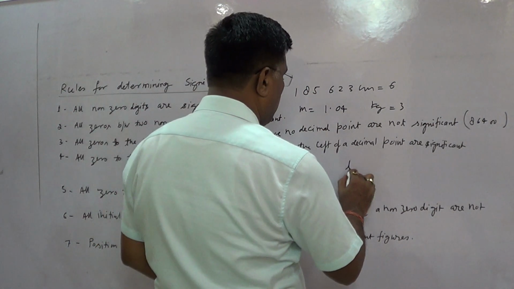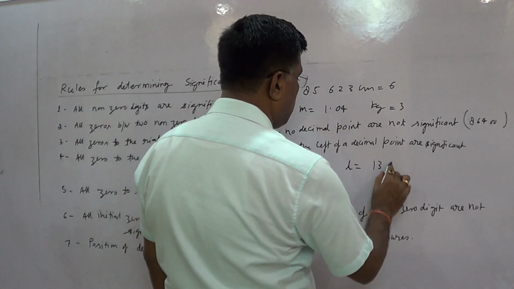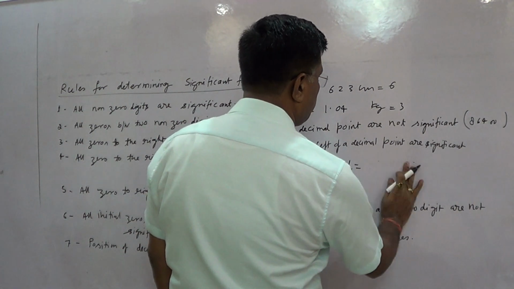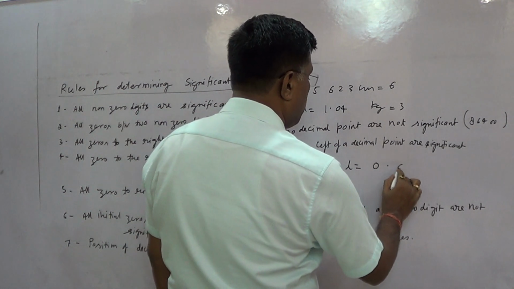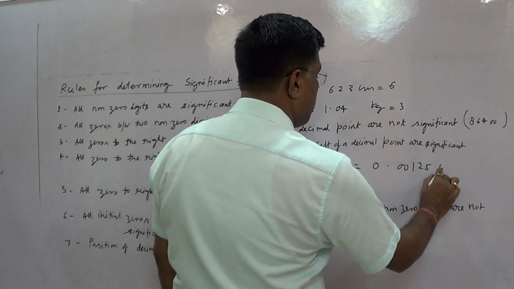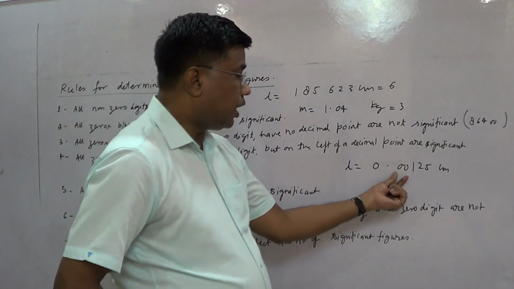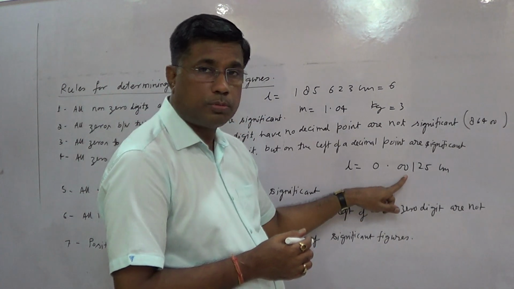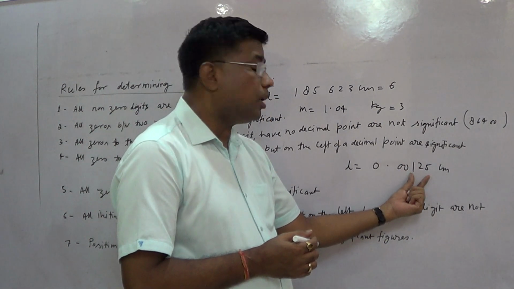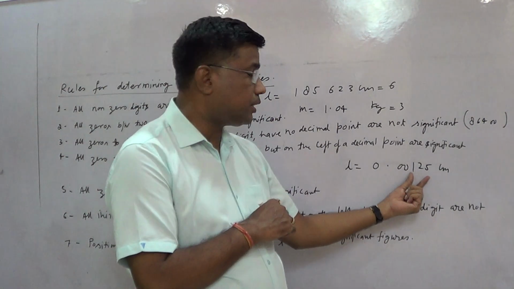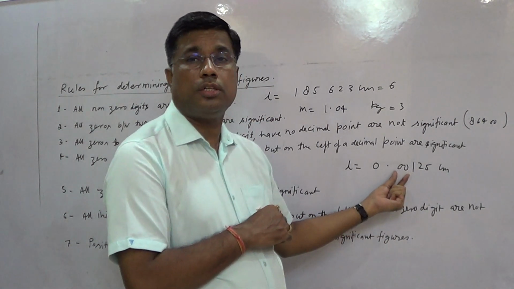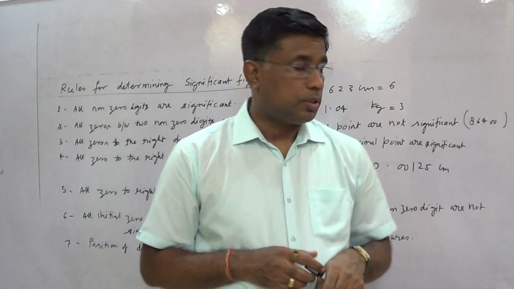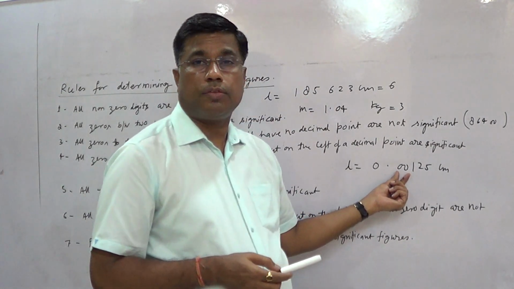For example, if anywhere 0.00125 centimeter is written, these two zeros are non-significant figures. According to this rule, all zeros which are to the right of the decimal place but before the non-zero numbers, to the left of the non-zero digits, are non-significant figures.